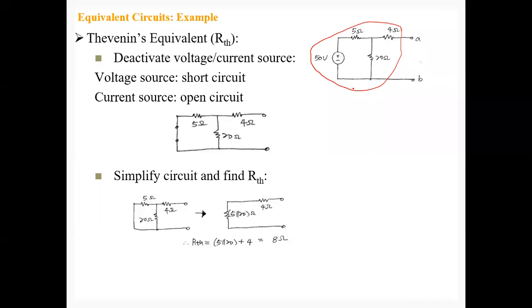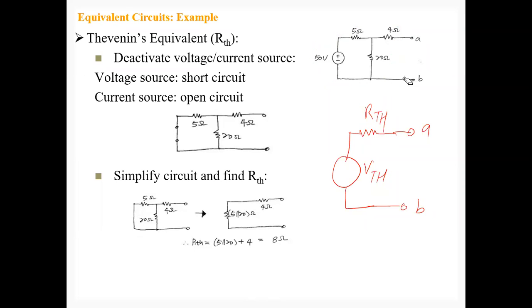This is the circuit you want to replace by this, with RTH and VTH, and this is your A, this is your B. You want to replace this circuit by this circuit now, using Thevenin.